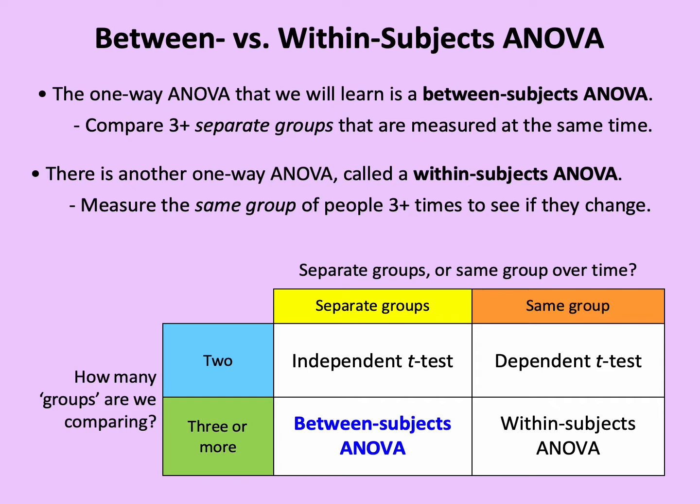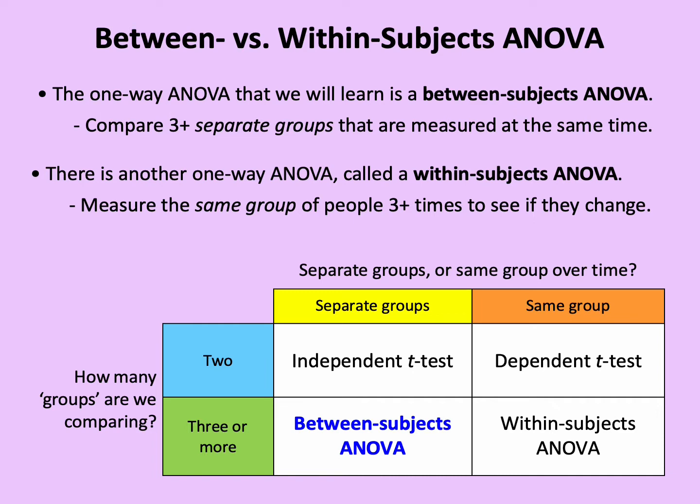If we were to make this a within subjects design, maybe we would have people first read a passage, and then after a distractor task, we give them a different passage and have them take a test on it instead of reading it. And then we have them read a third passage where they use some kind of mnemonic device.